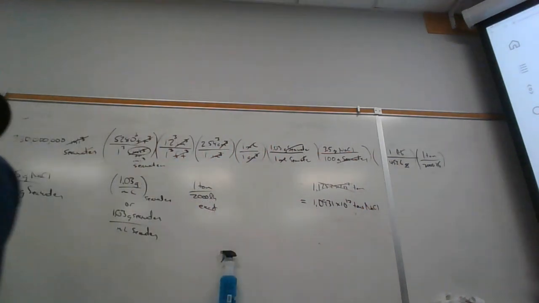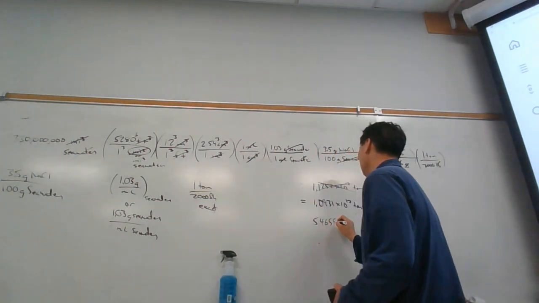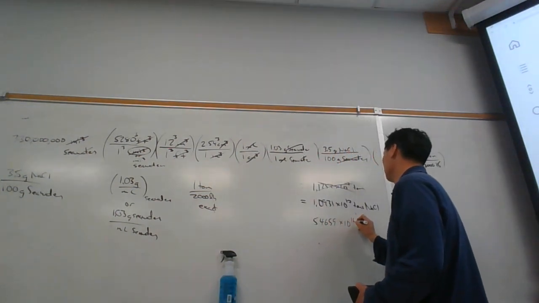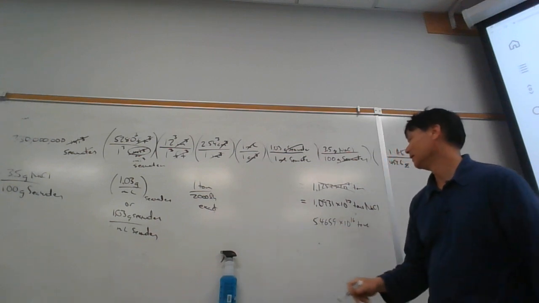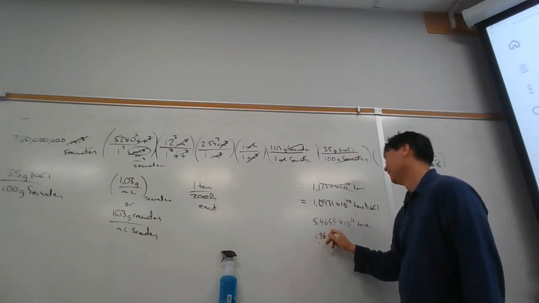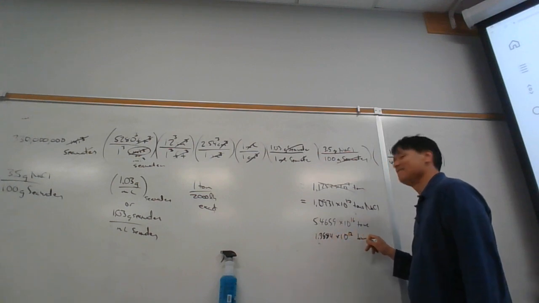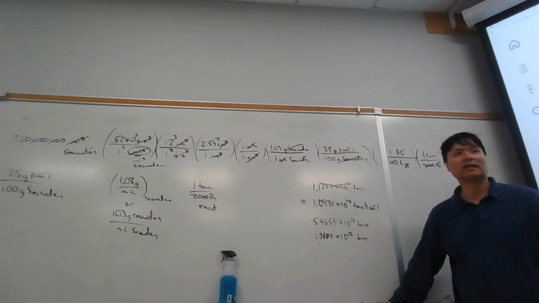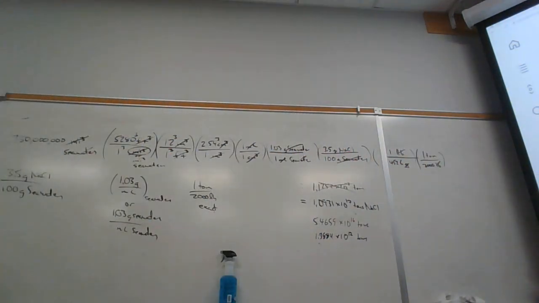What did you get, Tristan? 5.4659 times 10 to the 16. Anybody else? I got 1.38834 times 10 to the 17. Any others? Still working on it. I ran out of space at the last conversion.